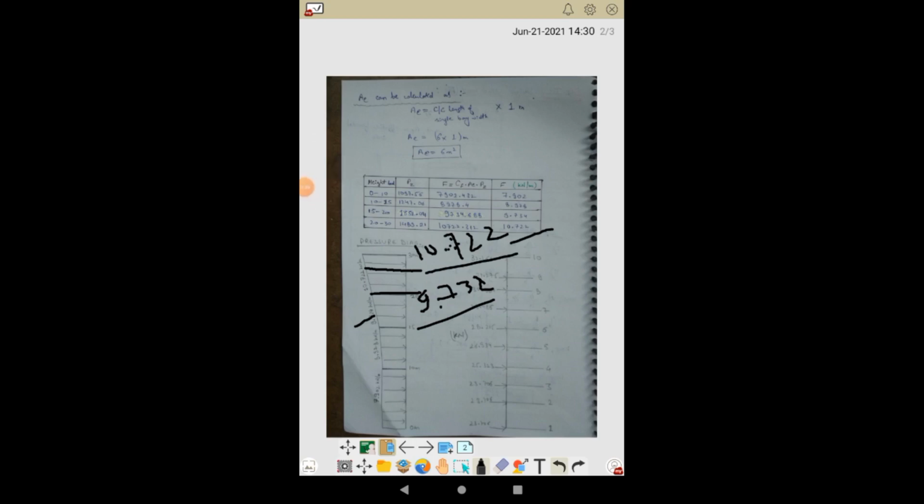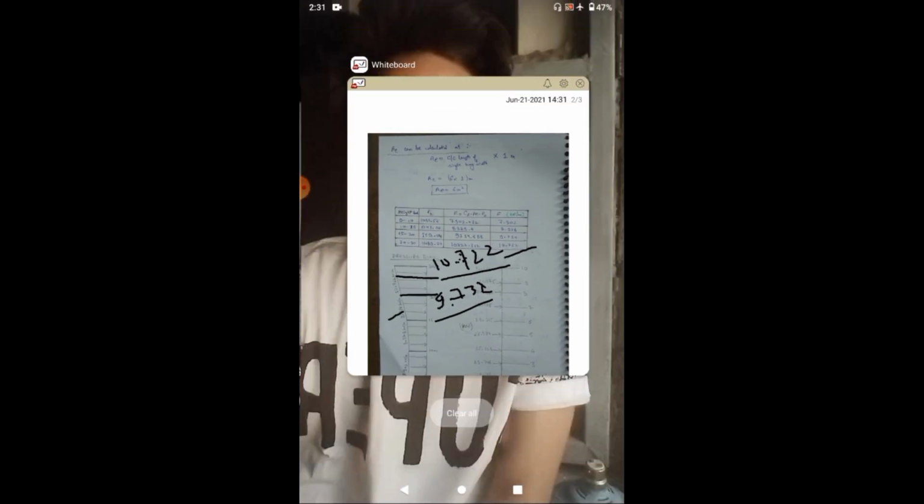For interpolation, I am going to show you a picture where you can see how we interpolate the values. The value of F at 30 meter we already know: for a level of 30 meter the value is 10.722. We are going to find the value of F at the 27th meter.